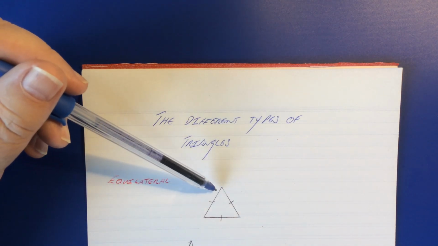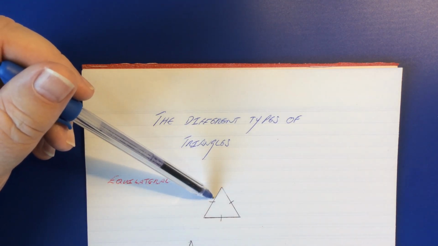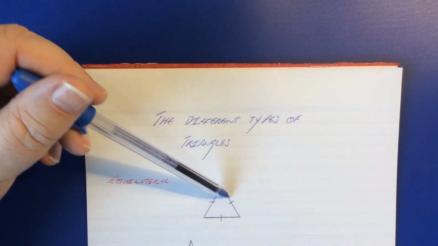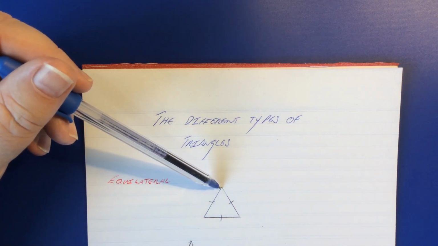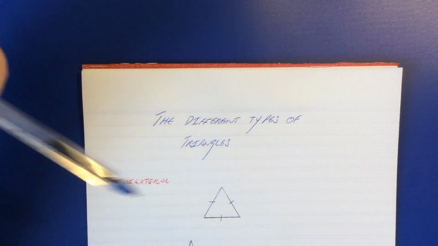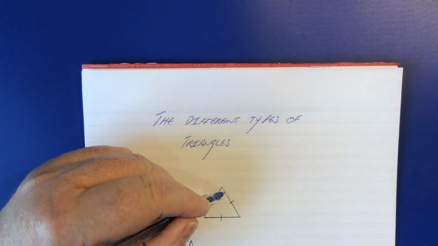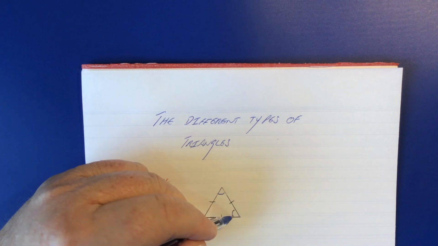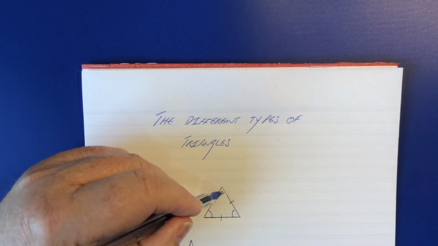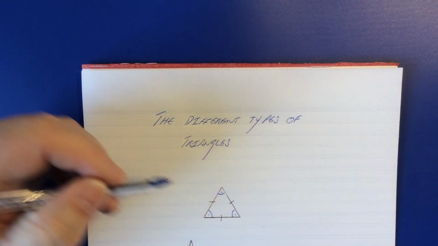Now, an equilateral triangle is distinguished by having each of its sides being the same length, and that has a consequence. What it means is that this angle and this angle are all the same.